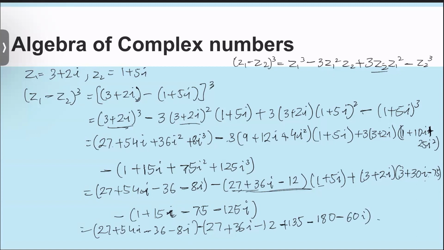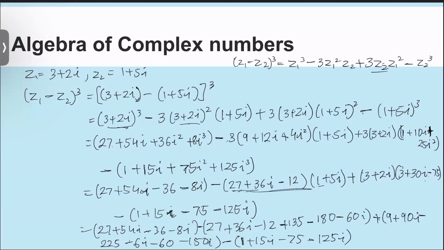Okay. And then the next bracket term would be 9 plus 90i minus 225 minus 6i minus 60 minus 155. And the last bracket, you can keep it. 1 plus 15i minus 75 minus 125i.